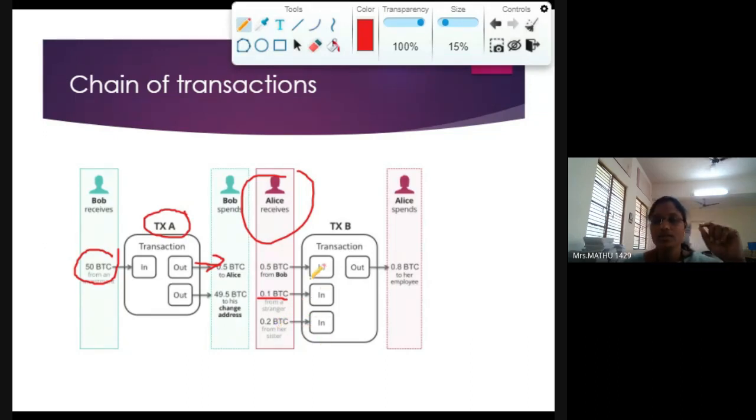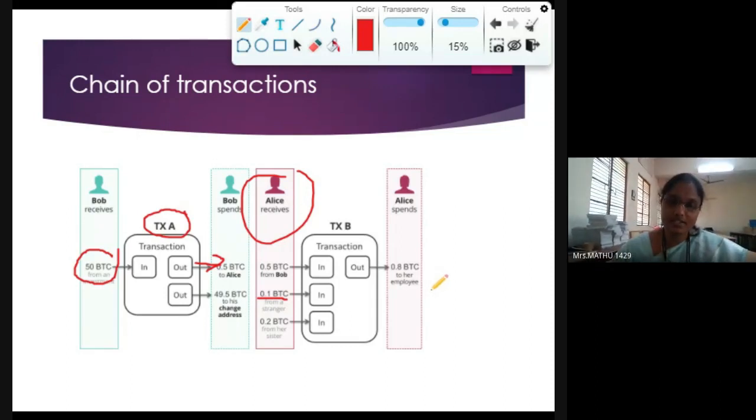So she has all these inputs and can spend all this money. Adding together, we get 0.8 Bitcoins, and she is sending all of it to her employee. So Alice is spending 0.8 Bitcoins to her employee. This is how the transactions will happen.